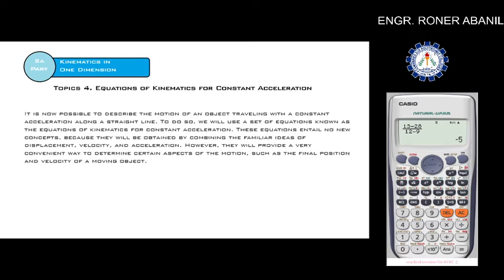These equations entail no new concepts because they are obtained by combining the familiar ideas of displacement, velocity, and acceleration. However, they provide a very convenient way to determine certain aspects of motion, such as the final position and velocity of a moving object.